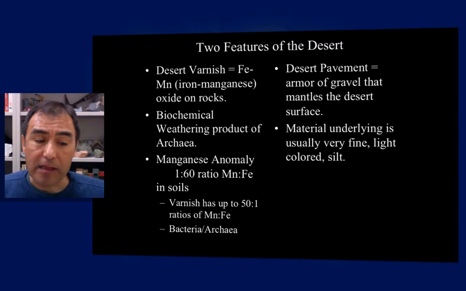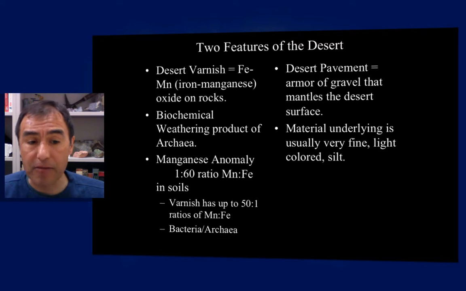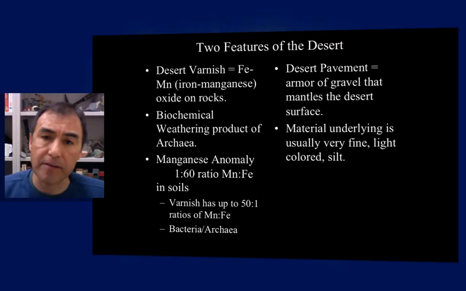However, when you look at the varnish itself, the ratio is either 1 to 1, or it can be as much as 50 manganese atoms to every 1 iron atom. So where is all this manganese coming from? And it seems to be a process performed by these bacteria archaea who prefer this manganese. And I'll show you some images of that in a moment.